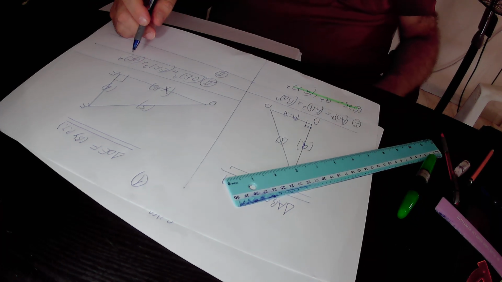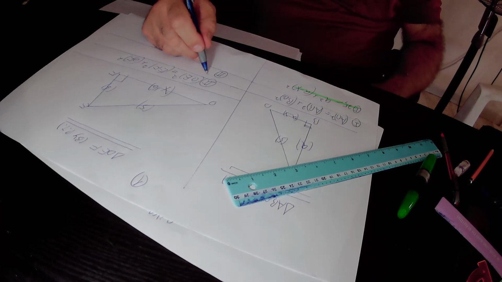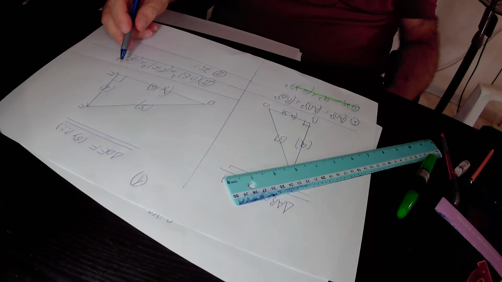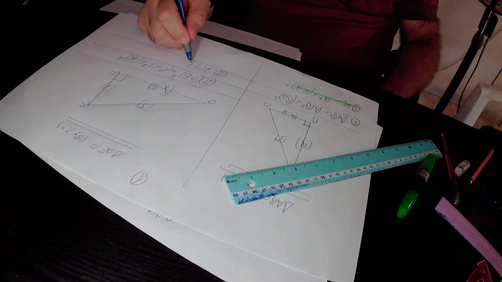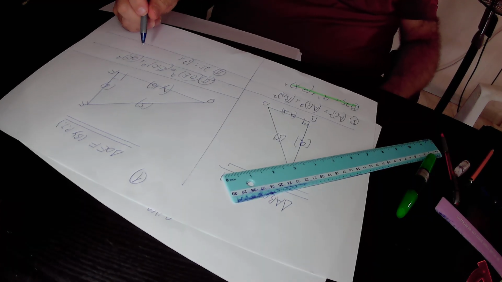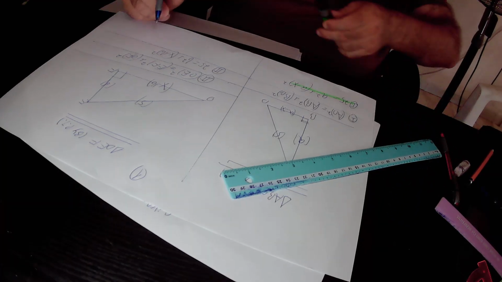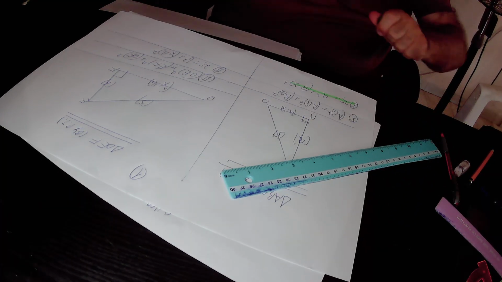OE is 5, therefore OE squared is 5 squared, that is 25. And it equals EF squared. EF is B, therefore EF squared is B squared, plus OF squared. OF is X plus B, therefore OF squared is X plus B squared. So in total, according to equation 2, we found out that 25 equals B squared plus X plus B squared. This is according to equation 2.